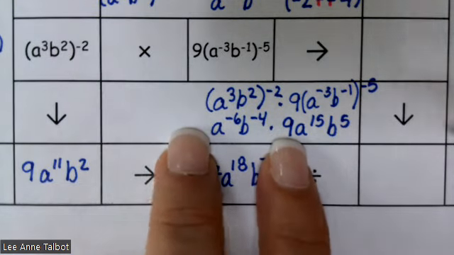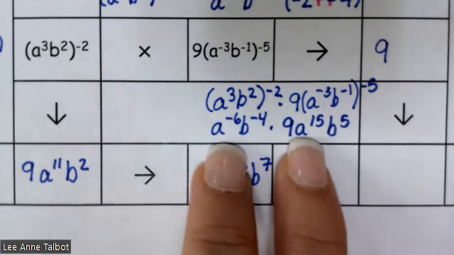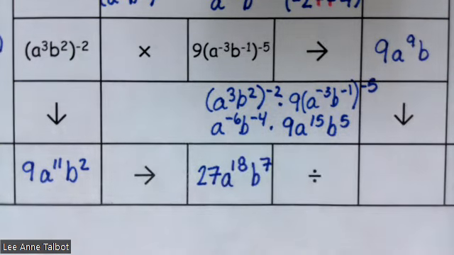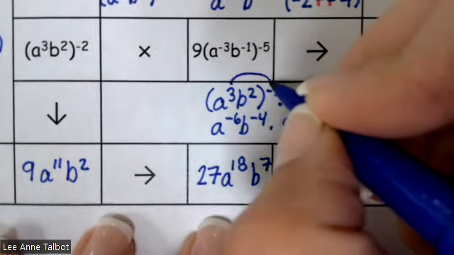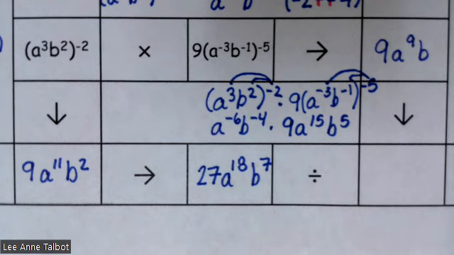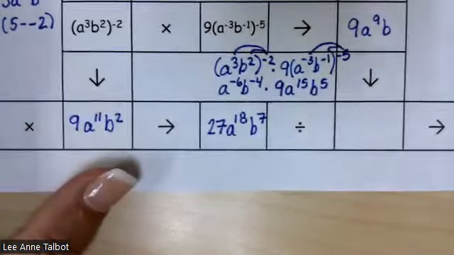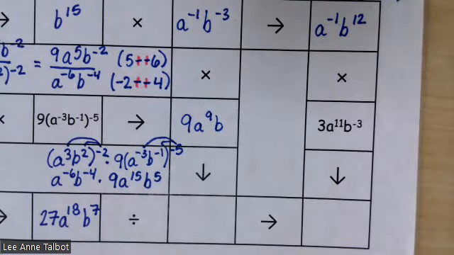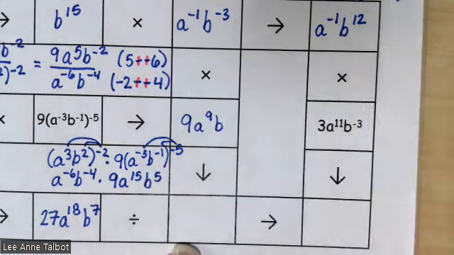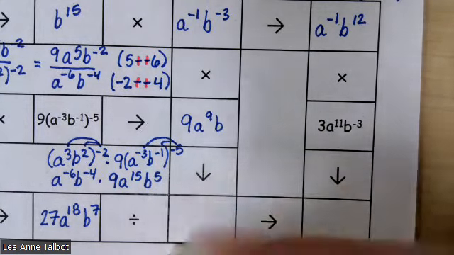Okay, there's a 1 in front, so 1 times 9 is 9. Add. Add. Ooh, this one doesn't look too bad either. 1 times 9 is 9.